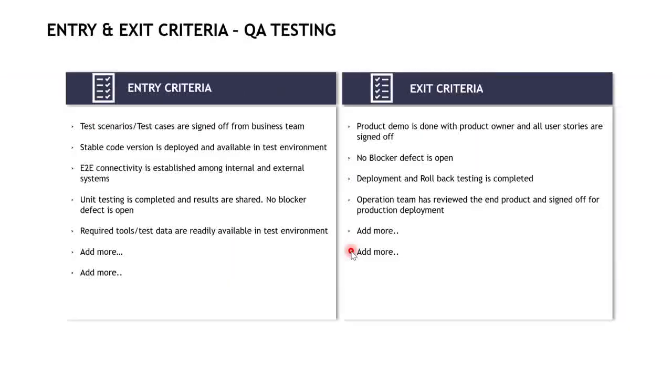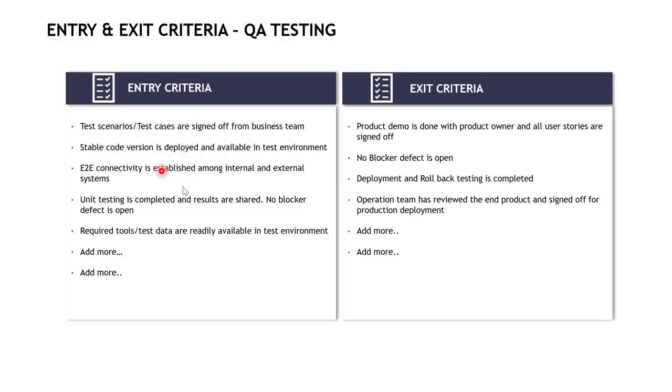If we continue to the next slide, the entry and the exit criteria. For every testing engagement, you will have entry criteria that define when you will start testing. Some examples I have written here. To start testing, your test scenarios should be signed off by the business team. You should have a stable code version with unit testing done.